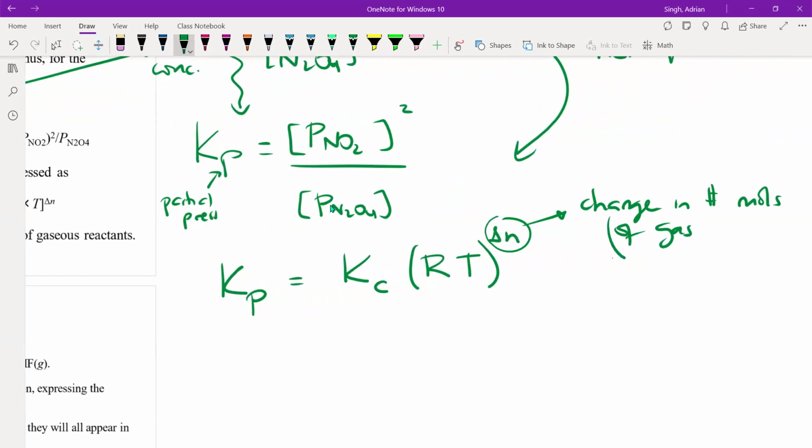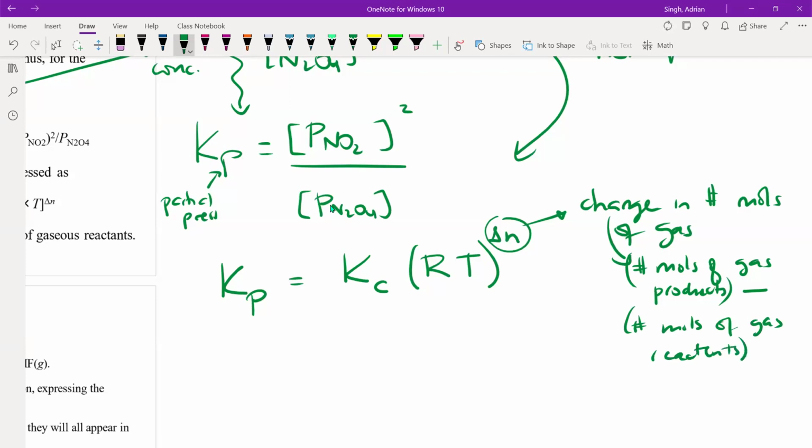And again, to get the change in anything, it's the number of moles of gas in the products, because the ending point here is our product, minus the total number of moles of gas in the reactants.